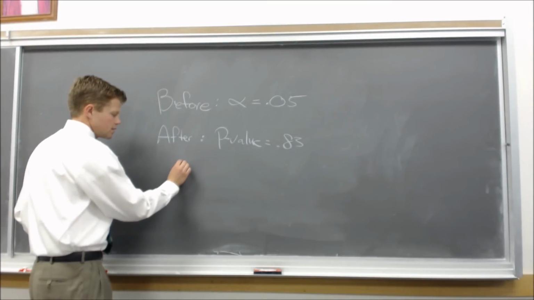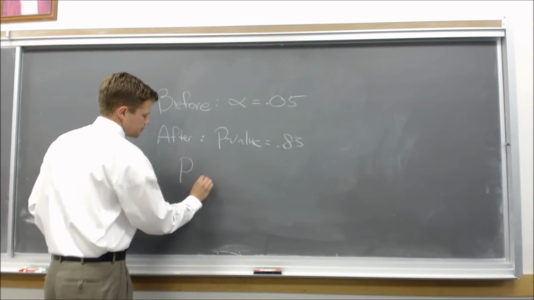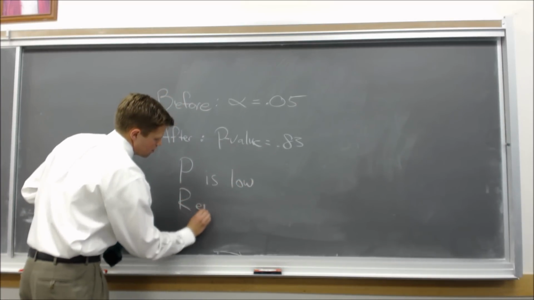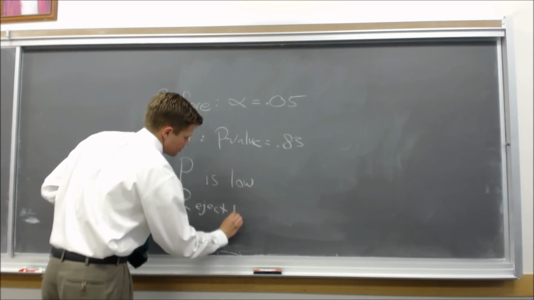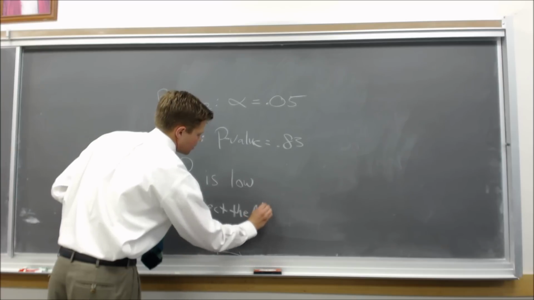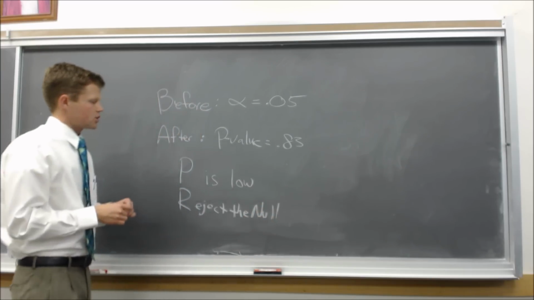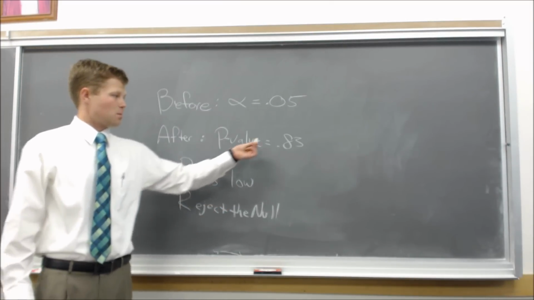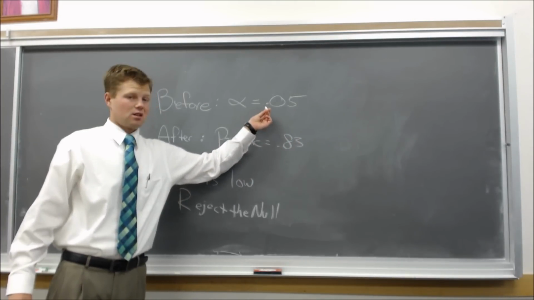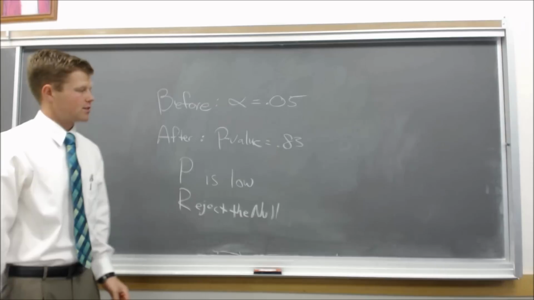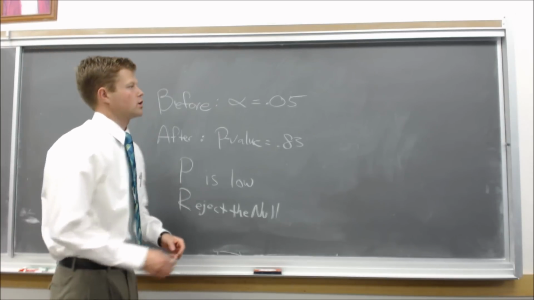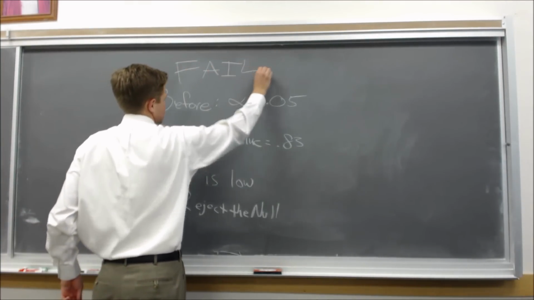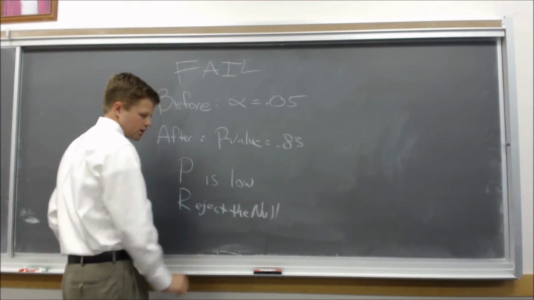Now, our catchphrase, I'm just going to write it one more time, is if p is low, reject the null. Okay, so this is our test. If the p is lower, then we'll reject the null, but 0.83 is not lower than 0.05. It's way bigger. So we are going to fail to reject the null.